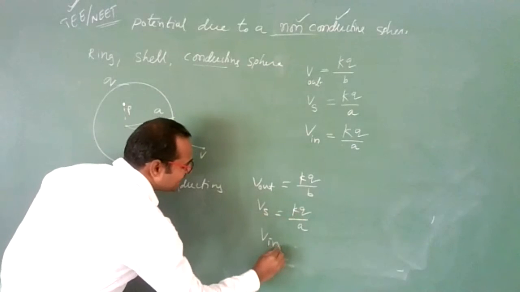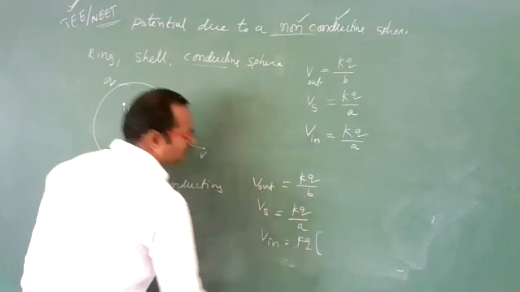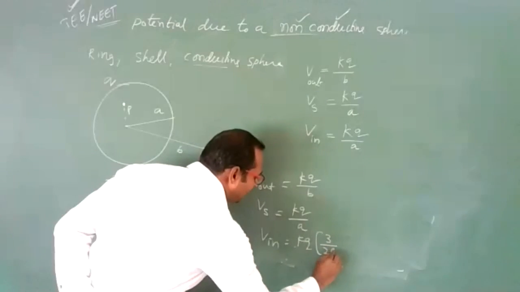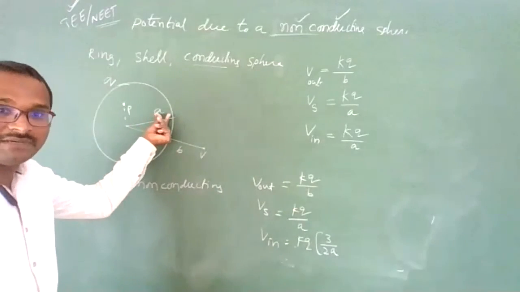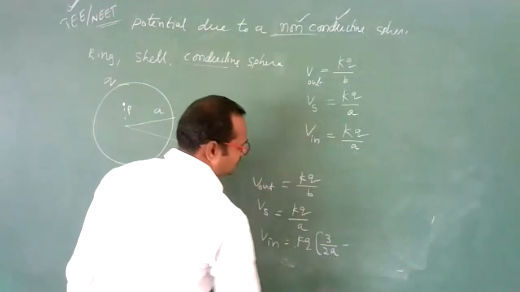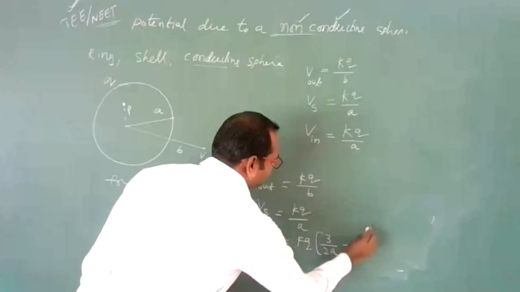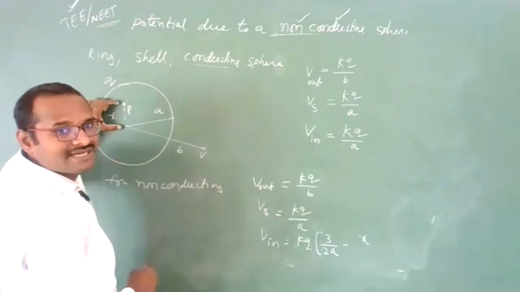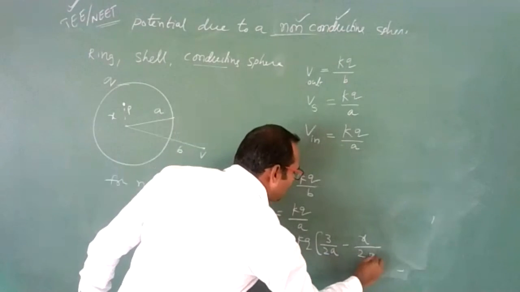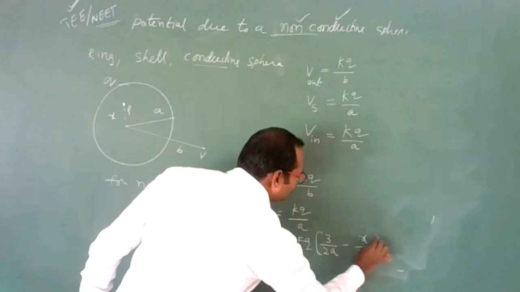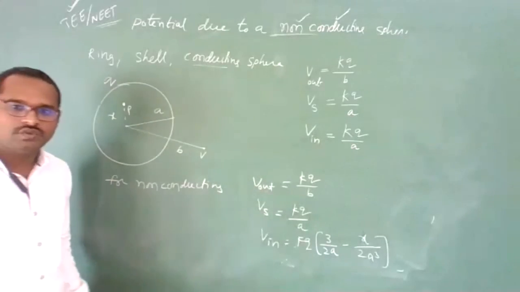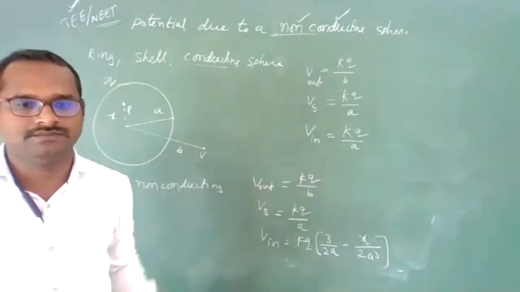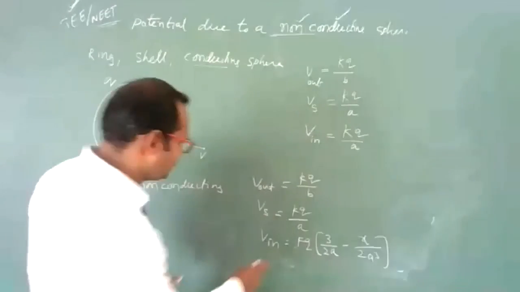But the potential inside is kq into 3 by 2R, where R value is a here, minus x divided by 2R cube, where the inside point distance is x, means a cube. You must remember all these values to solve the problem.